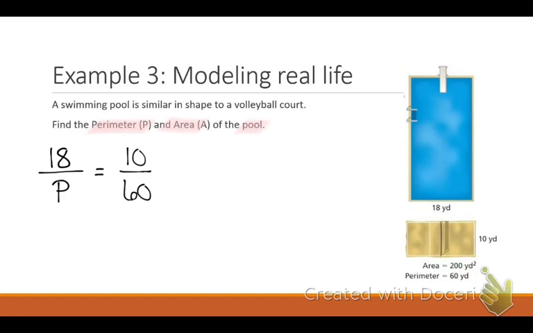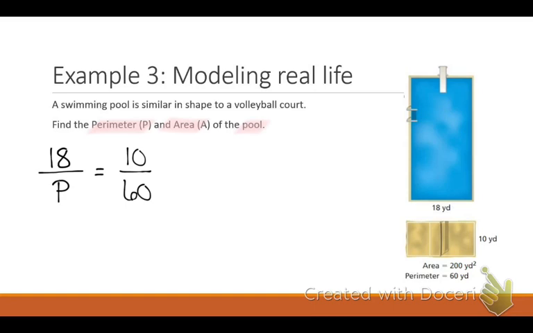You could have done perimeter over width on both sides. You could have done width of the pool over width of the tennis court, and then as long as it's perimeter of the pool over perimeter of the tennis court, there's a lot of ways you could set this up. In my opinion, I like doing here's one object, here's the other object. Width over perimeter, I'm ready to go.